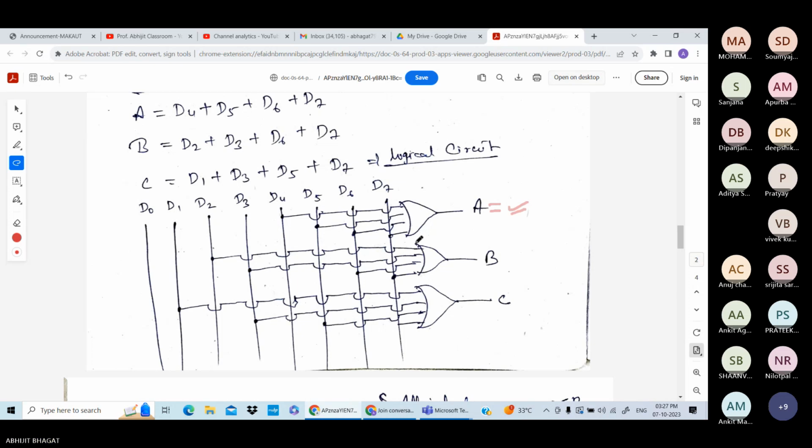Clear? Next for B, same, B equal to D2, D3, D6, D7. So B is D2, D3, D6 and D7. You will get the B here. Same your C. C is given D1, D3, D5, D7. So D1, D3, D5 and this is D7. You will get the C here.